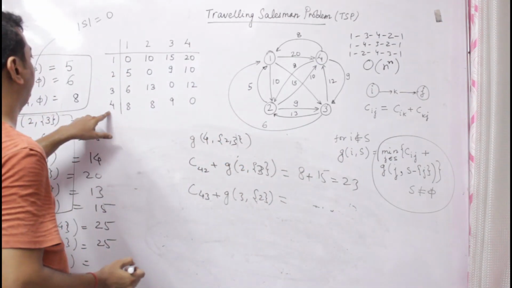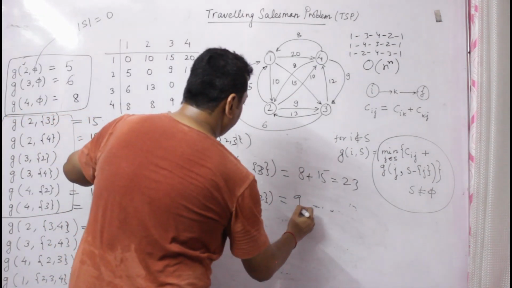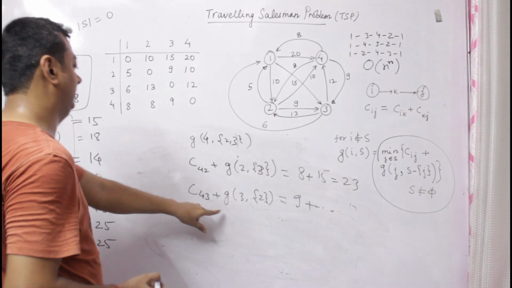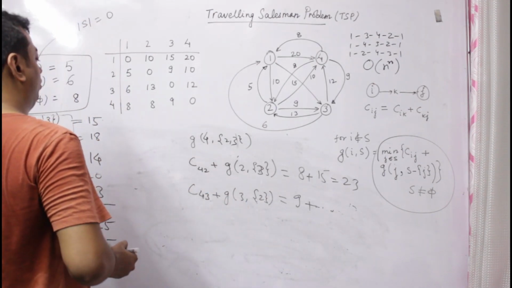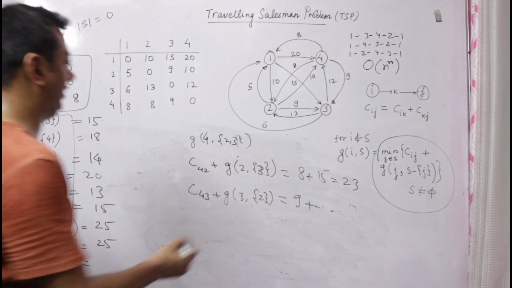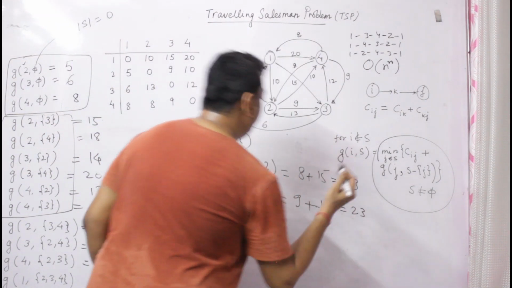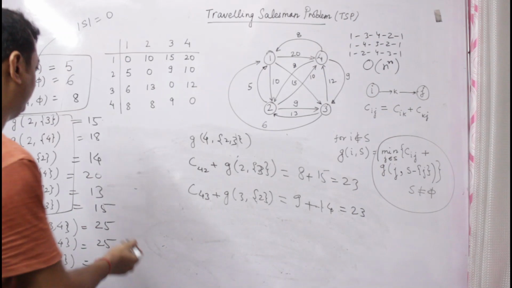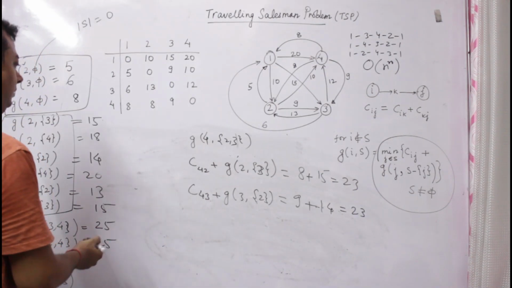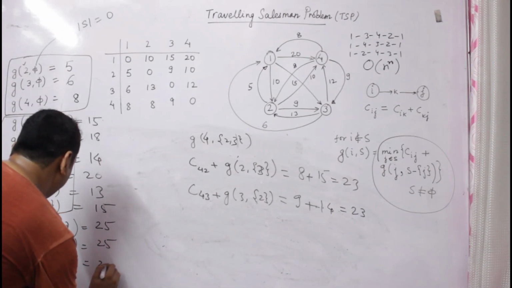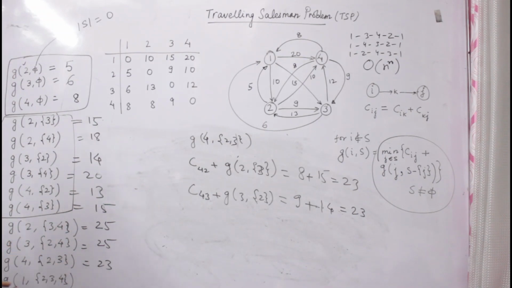And this is G 4 3, G 4 3 is 9, plus G 3 comma 2, G 3 comma 2 is 14, which is 23. It is the same. Yes. So we will pick any one of these.